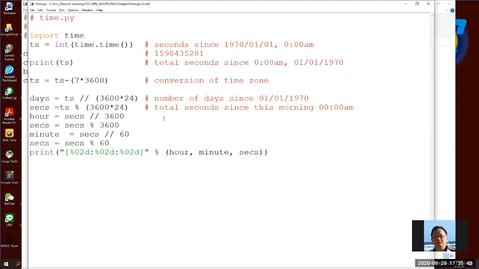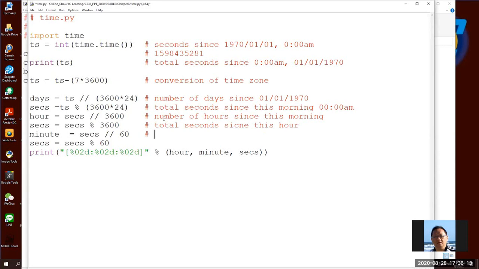And then this one is the hour. So this hour is actually number of hours since this morning, okay? And then this one is total seconds since this hour, okay?